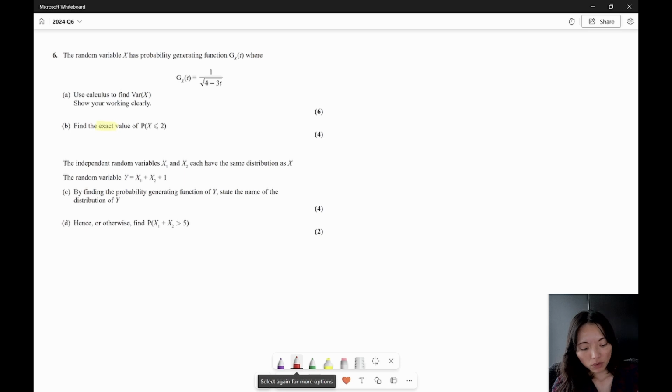We could do it a long way, and let me show you how to do that to start with. We could use the series expansion for the probability generating function. For part B, we know that g equals 4 minus 3t to the power minus half.